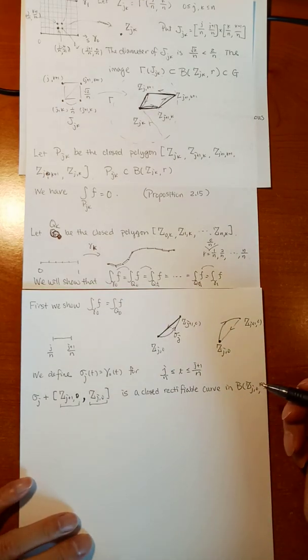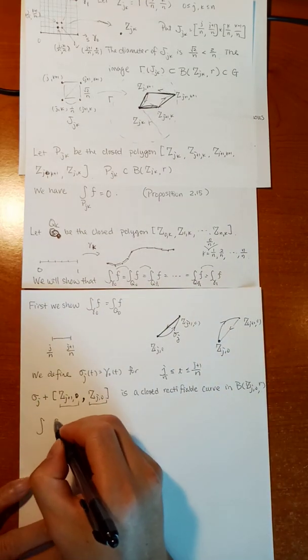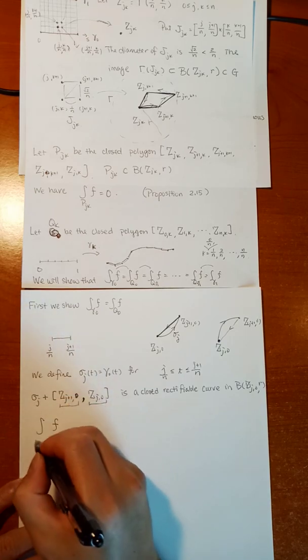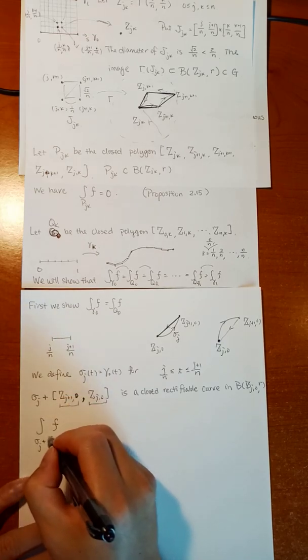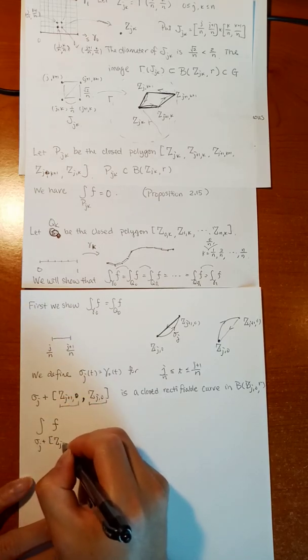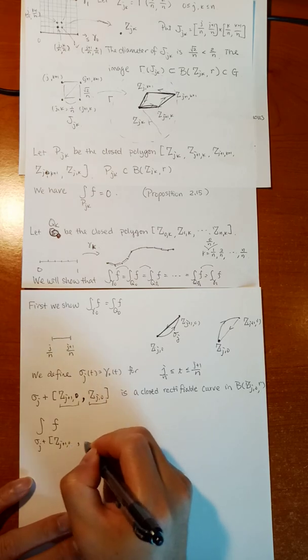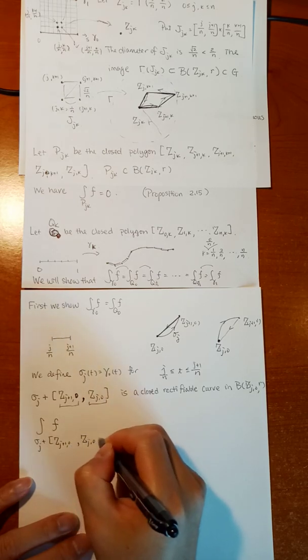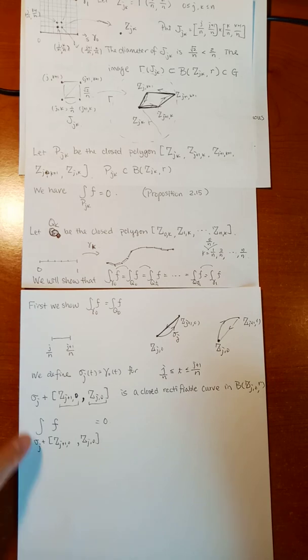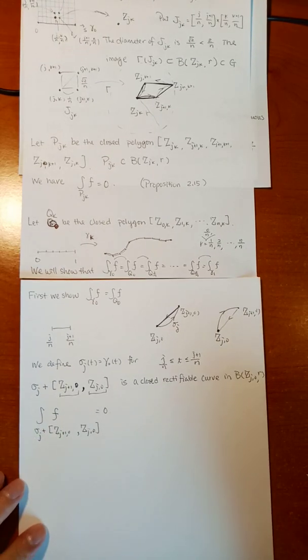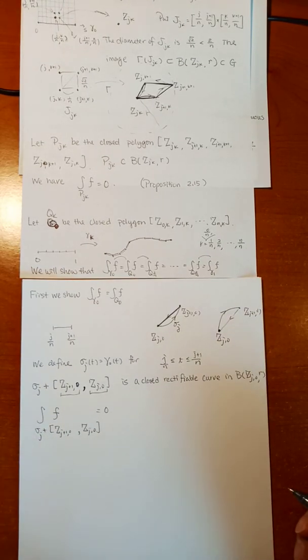It is in that disk, so the integral of the analytic function f along this should be 0, right? It's a closed rectifiable curve. The integral of an analytic function along it will be 0.